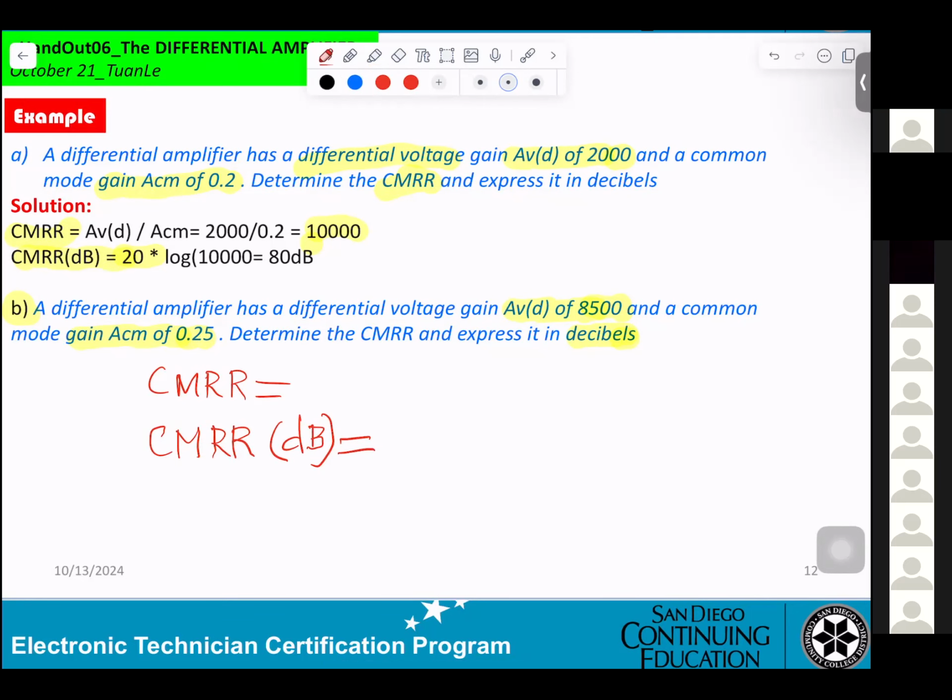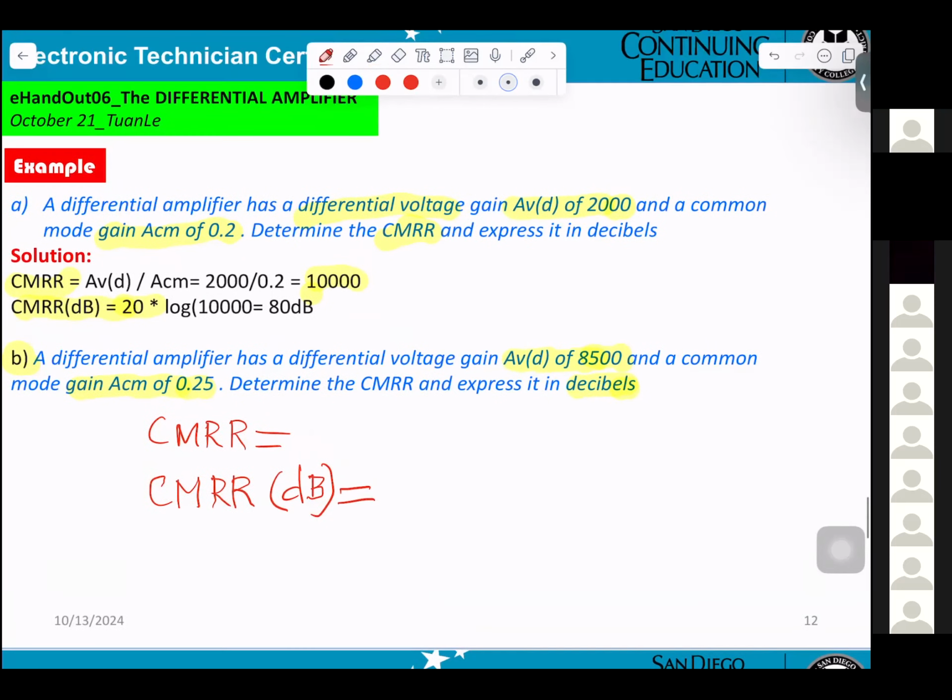First number is 34,000. You need another zero. Oh, sorry. Yeah. And then the second one is 90.63.